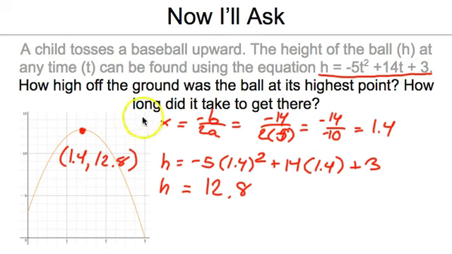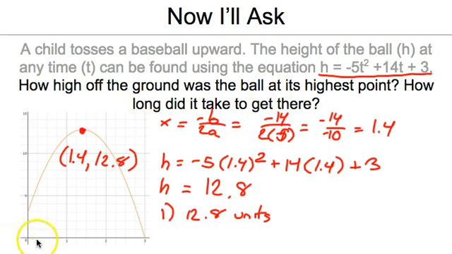Well, now that I've found that, I've actually answered both questions. How high off the ground was the ball at its highest point? So at the vertex, its height, that would be the y-coordinate of the vertex. So at its highest point, it was 12.8 units off the ground. So for my first question, I would say 12.8 units. And how long did it take to get there?